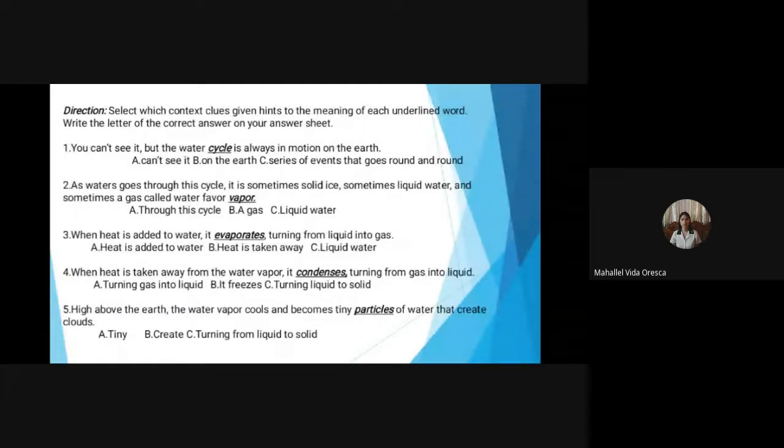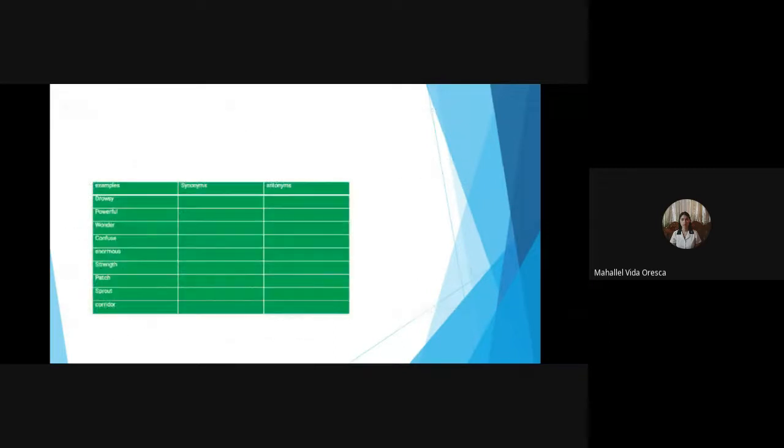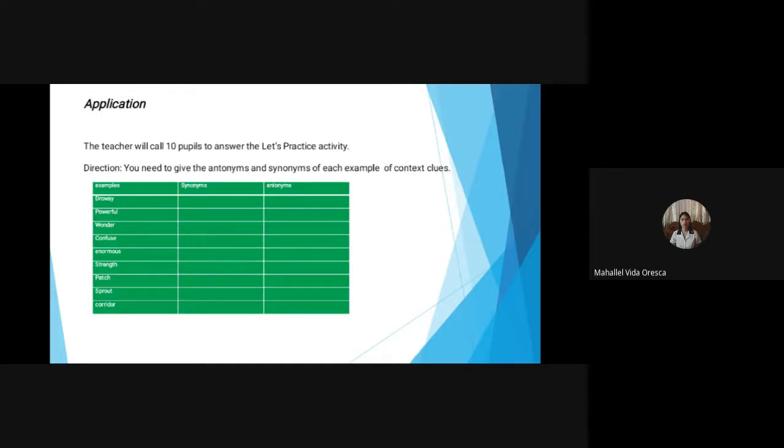And number 4, when heat is taken away from the water vapor, it condenses, turning into liquid. And number 5, high above the earth, the water vapor cools and becomes tiny particles of water that create clouds. Okay, very good.